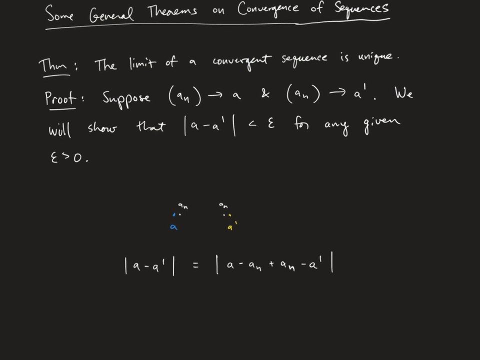And the triangle inequality, remember, just says that for any two real numbers, say R and S, the absolute value of R plus S is less than or equal to the sum of the absolute values of R and S. So this is going to be less than or equal to the absolute value of A minus A_n plus the absolute value of A_n minus A prime. And now the point is, because of these convergences here, we're going to be able to make this arbitrarily small by just taking n sufficiently large, right? We'll be able to make this as small as we like.